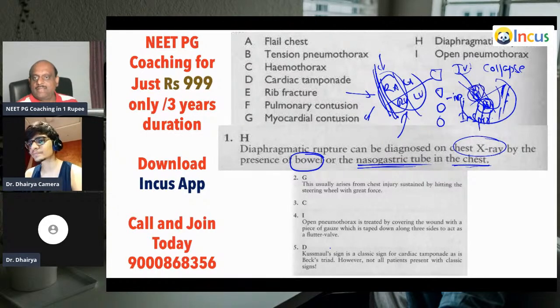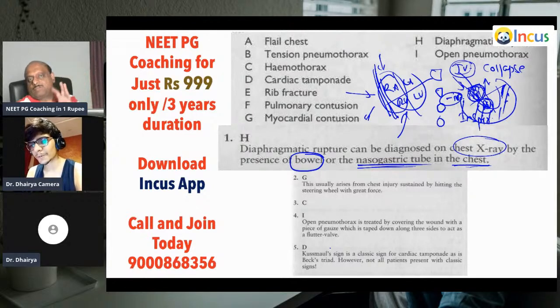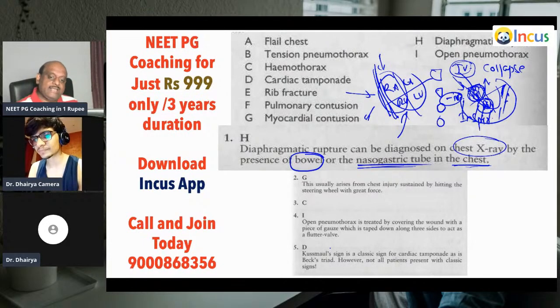That is the reason the right atrial pressure is very high. So even though there is a negative intrathoracic pressure, it is not significant enough to suck, because the jugular vein cannot drain into a chamber which has a very high pressure. So the jugular vein, which is expected to collapse at the time of inspiration, is not collapsing but rather standing very prominent, which is classically seen in cardiac tamponade. Constrictive pericarditis is also something you need to remember.